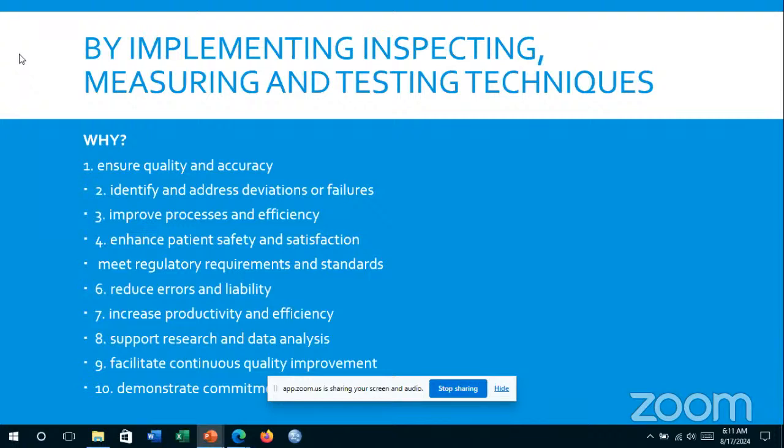There are some reasons why we must implement this. One is to ensure consistency. There must be consistency in the results that we are producing, in the results of the hearing. Standards and procedures ensure consistency in implementation. That is to reduce errors and variability. And it will still promote quality. It will help in enhancing efficiency. It will help to reduce risk.